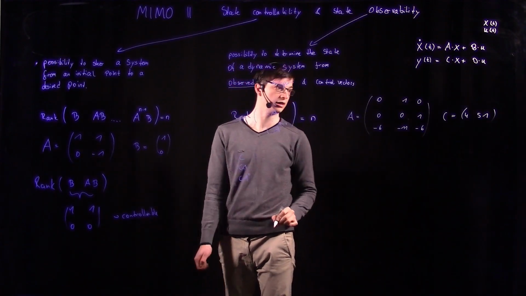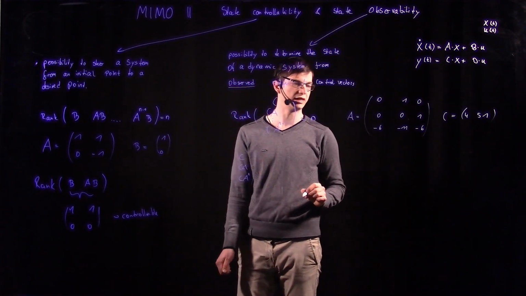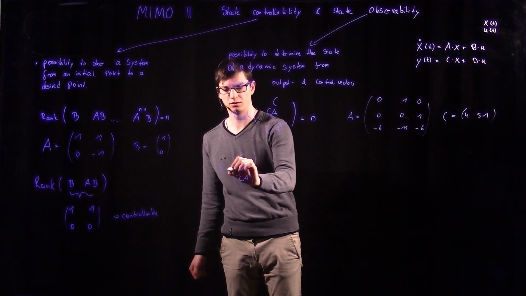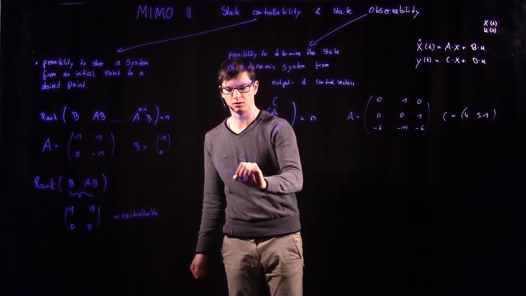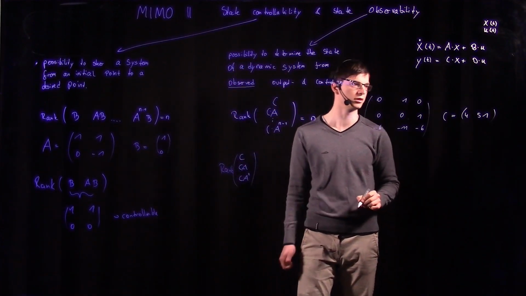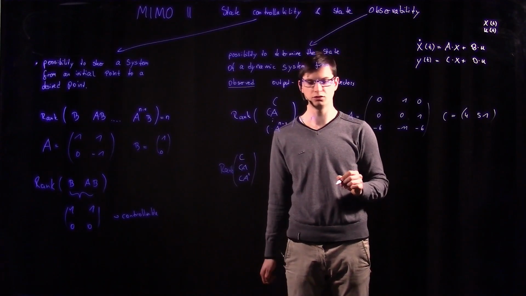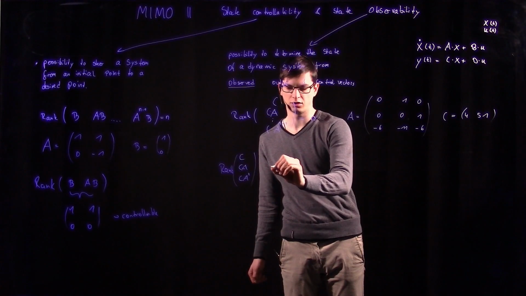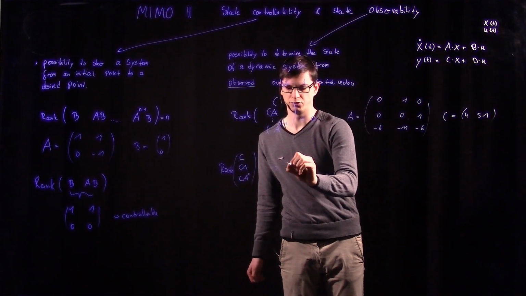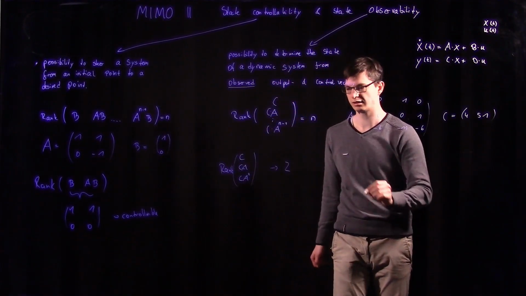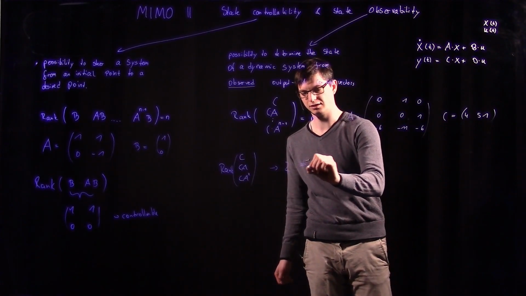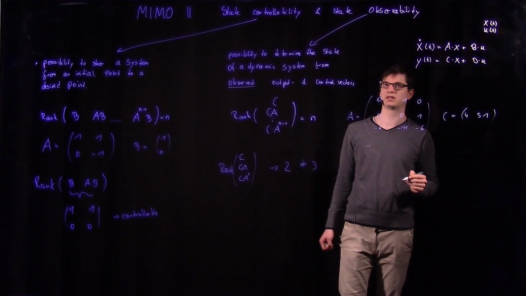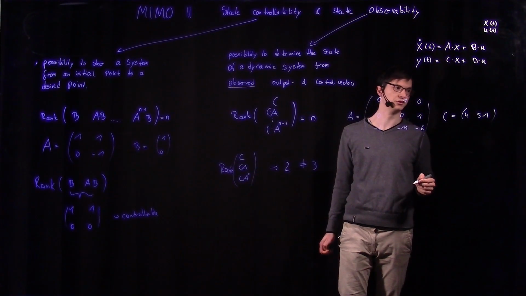Then we analyze the rank of this matrix. You can do this in MATLAB in just 2 lines of code, and we get a rank of 2. This is not the full rank we would expect, and therefore we say that this system is not observable.